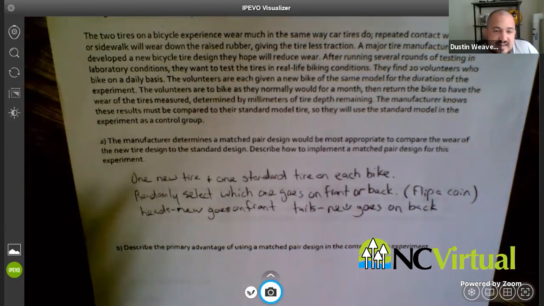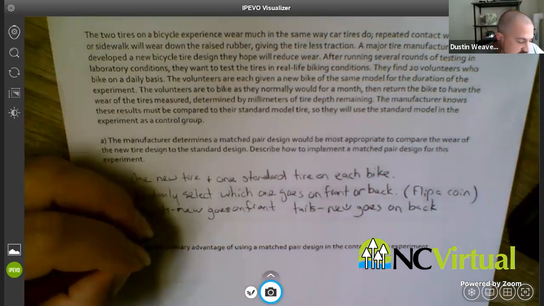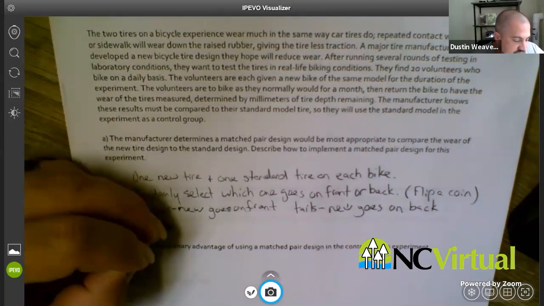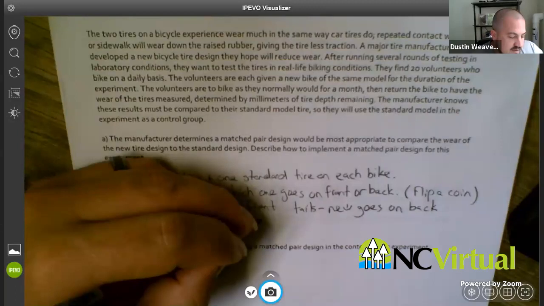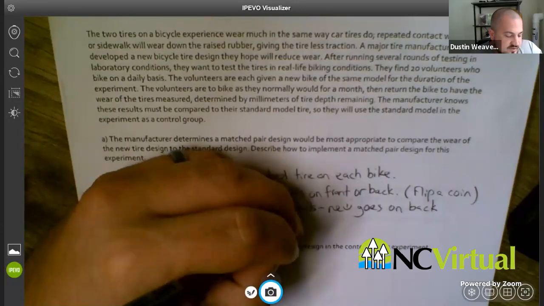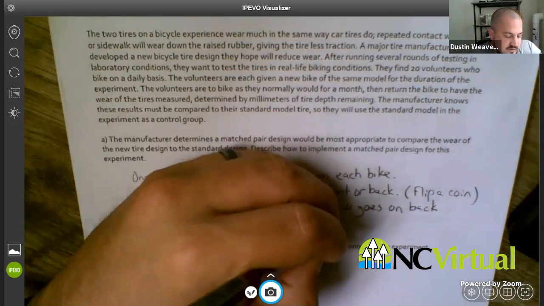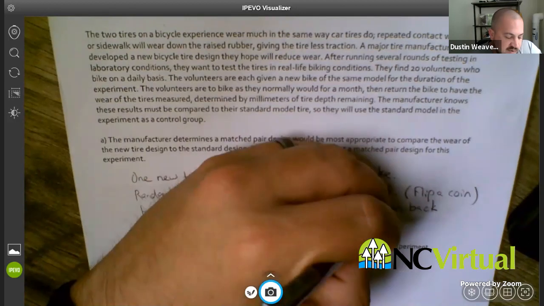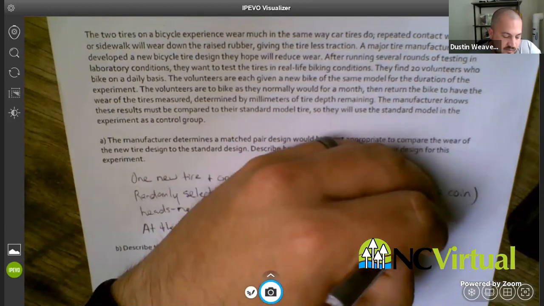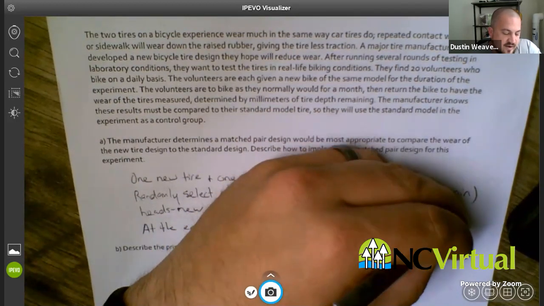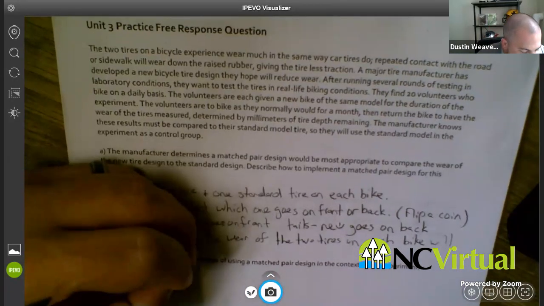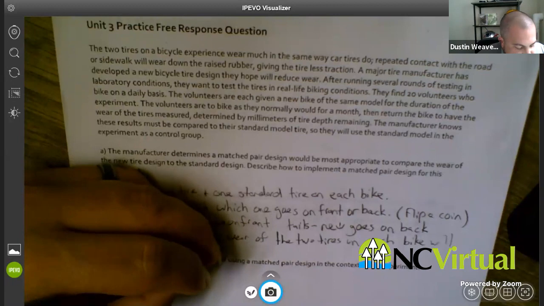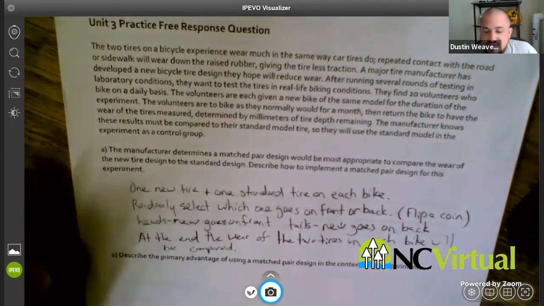Then at the end, the wear of the two tires on each bike will be compared, right? So we're going to just look at each bike specifically, and we're going to say, what's the difference between the new tire and the old tire?